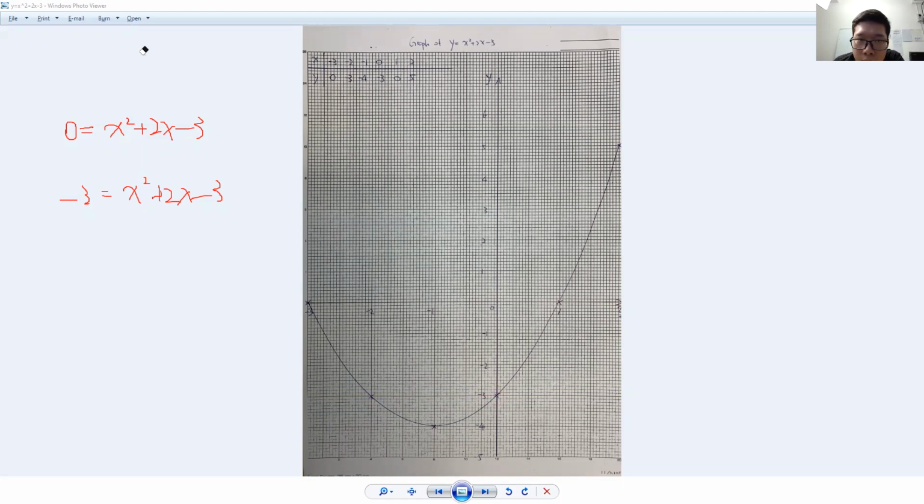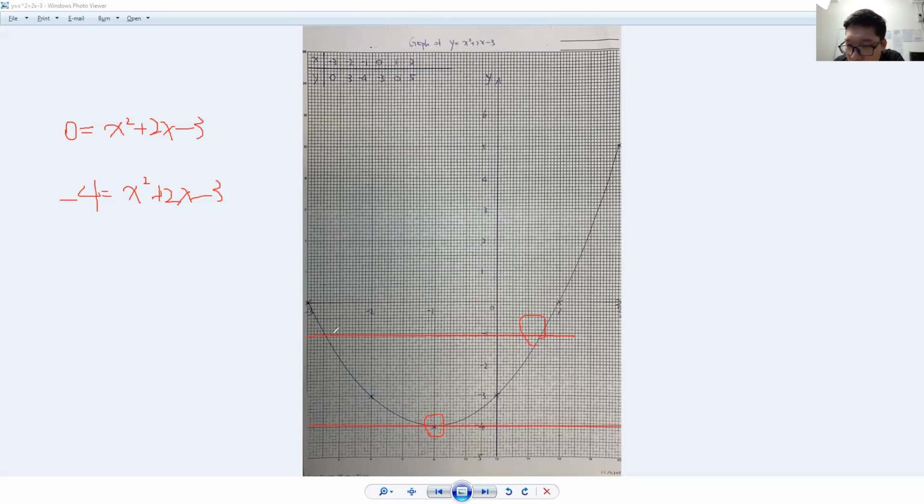Okay, and then I can have some new values, for example, negative 4. If I have negative 4 equals x squared plus 2x minus 3, then we apply the same method. But as you can see this time, it's no longer 2 intersection points, but only 1, when x equals negative 1. So for a quadratic equation, if you have any line over here, you have 2 solutions.